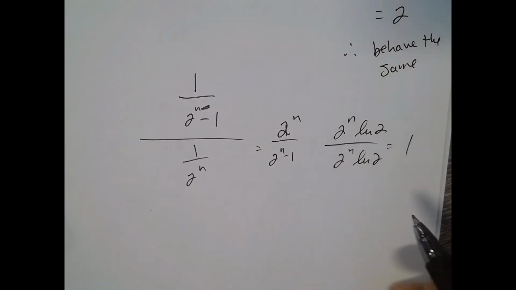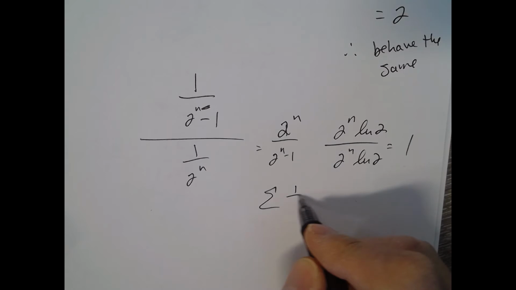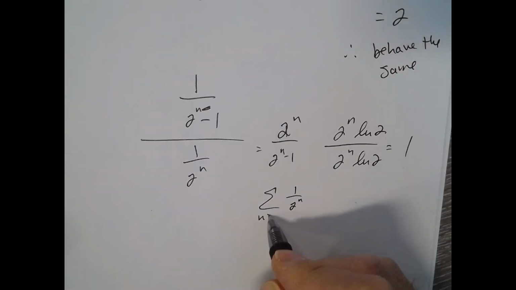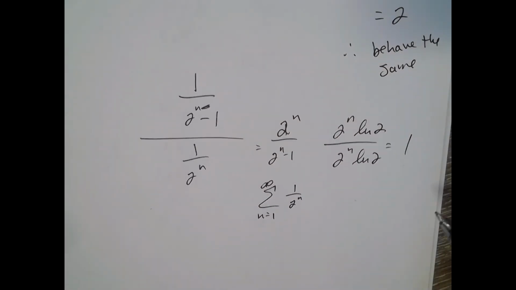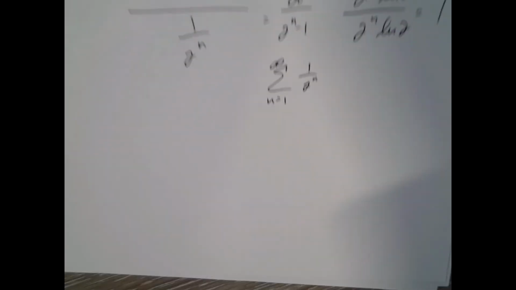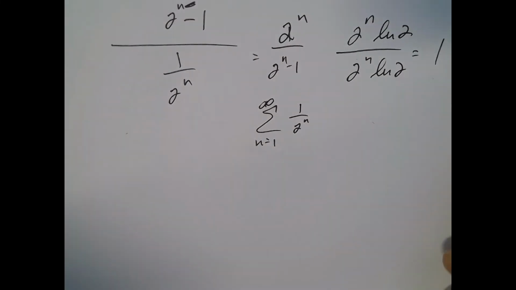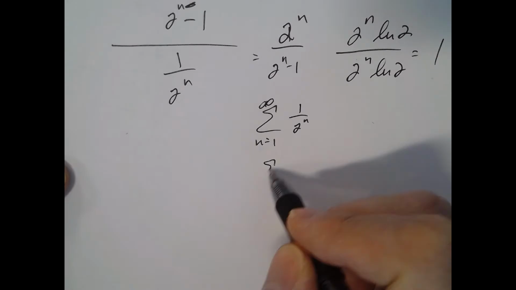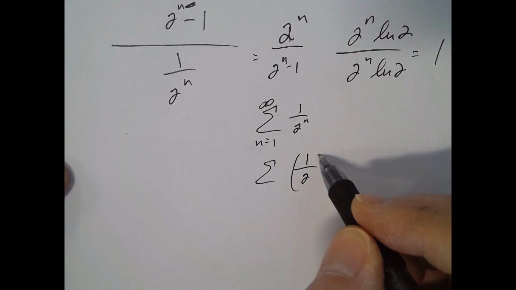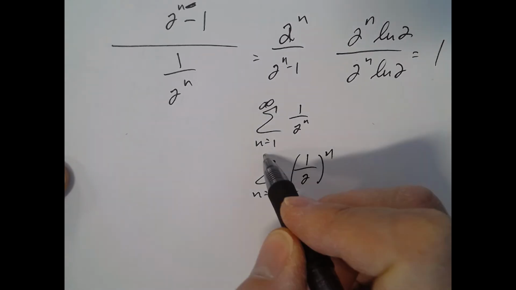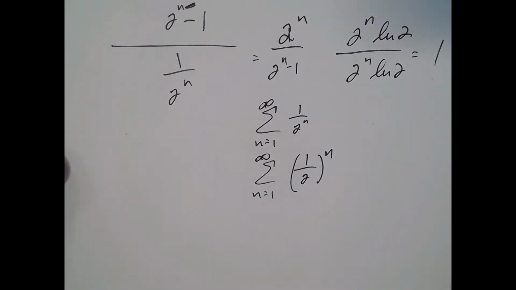So now we have to know whether this converges or diverges. Well, this is the same as the sum of 1 over 2 to the n. So does this converge or diverge?